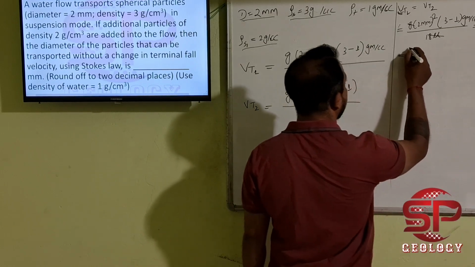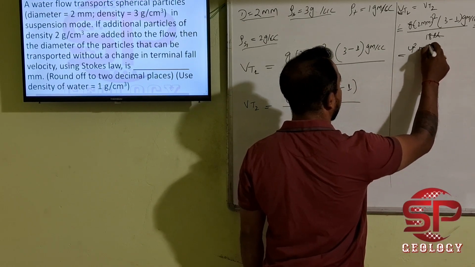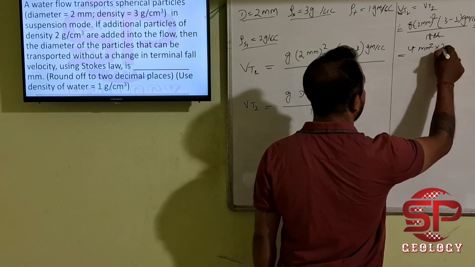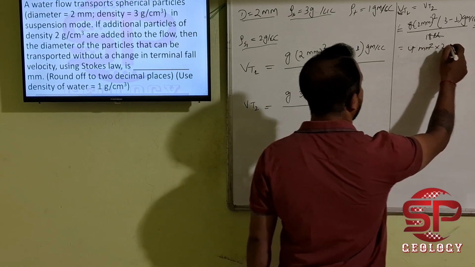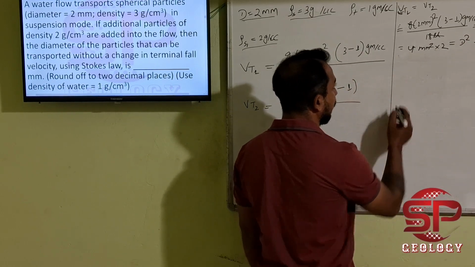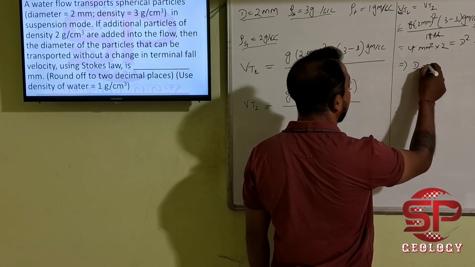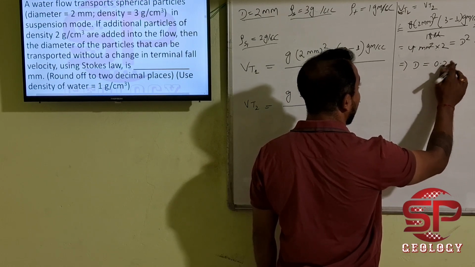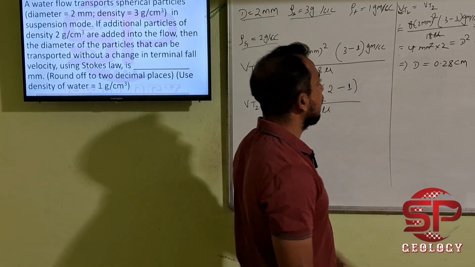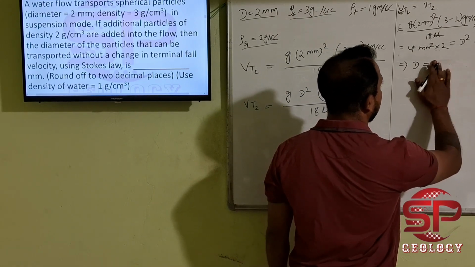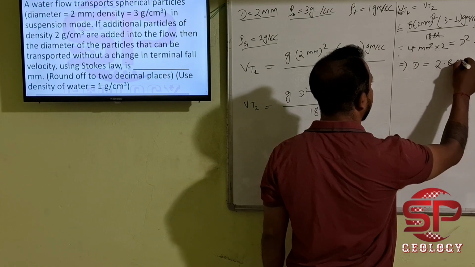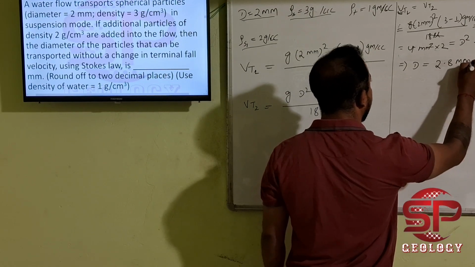It will be 2 square mm, 4 mm square, divided by 2, equal to d square. So calculating d, it will be 0.28 centimeter, or we can directly say 2.8 mm.